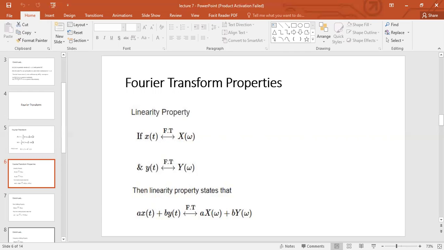Okay, the linearity property shows that if after the Fourier transform x of t converts to x of omega and y of t converts to y of omega, then the linearity property states that.